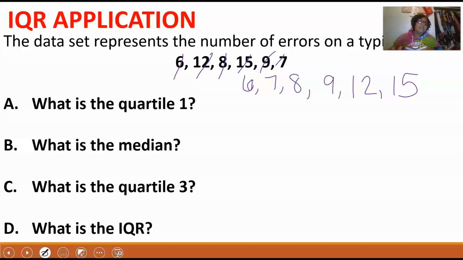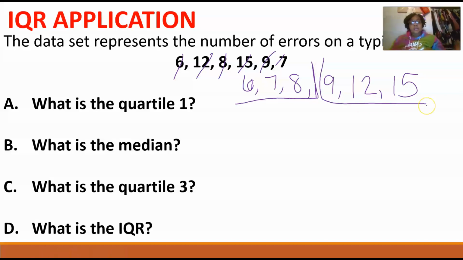Now you want to divide these numbers up into a set of lower numbers and higher numbers. You have your first set of numbers, which is 6, 7, and 8, and your second set of numbers, which is 9, 12, and 15. You have 3 numbers on one side and 3 numbers on the other side.